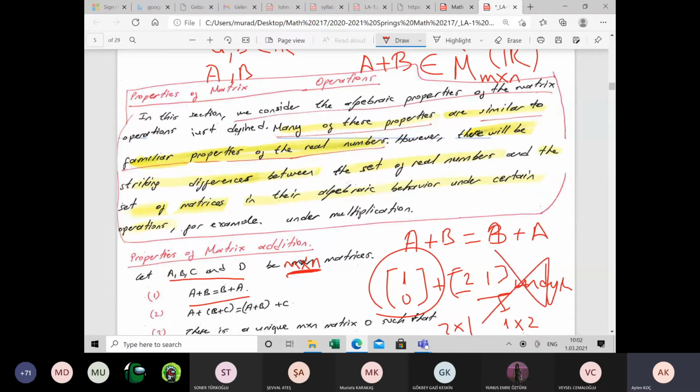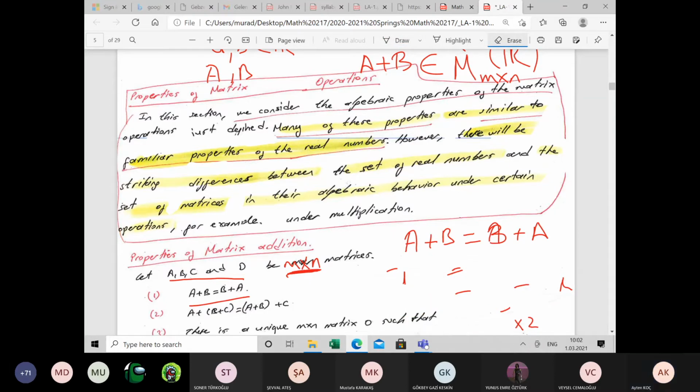Undefined. So it is important that they have the same dimension, row and column dimension. So A plus B is always equal to B plus A.